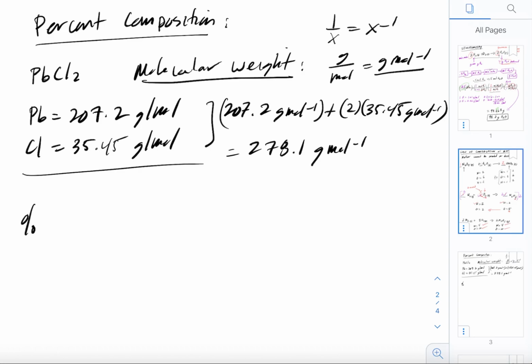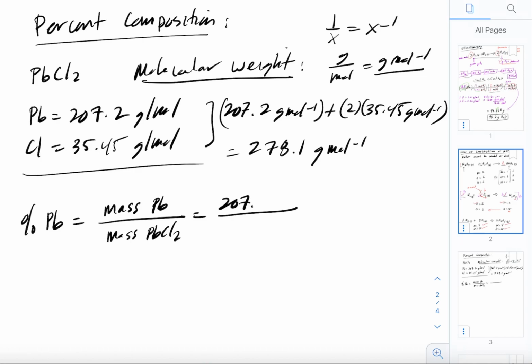Now, if we're looking at percent composition, we are going to do this for each of the two elements in here. So we'll first do percent of mass of lead. We're just going to take the mass of lead divided by the mass of the entire compound. In this case, we only have one lead.